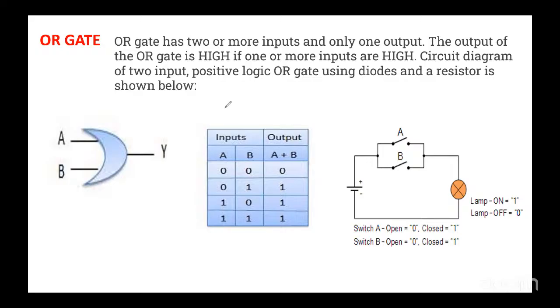So here two switches are there. A and B are the two switches, connected in parallel. This is the 5 volts DC supply, and this is the bulb or lamp.